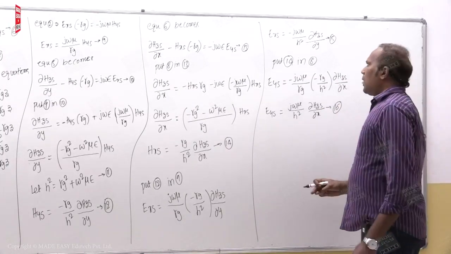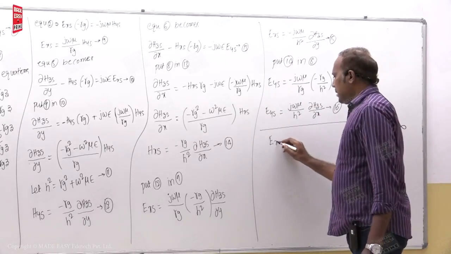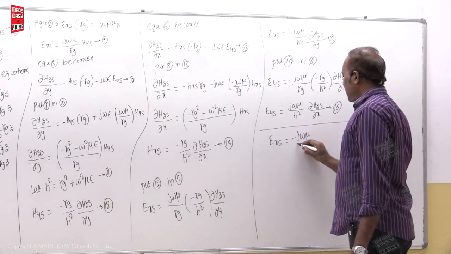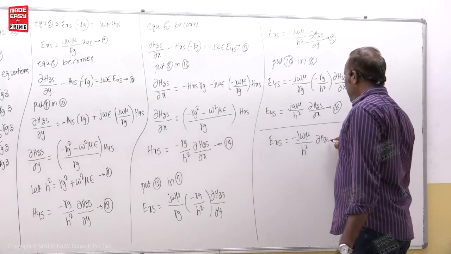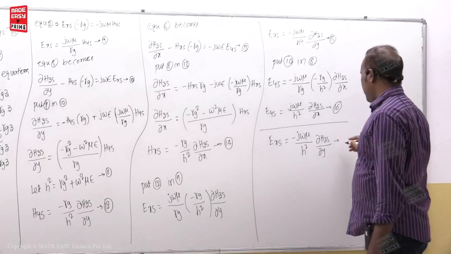Now all the terms you got now. For example, if I write EXS, EXS is equal to minus of j omega mu divided by h square dou Hz divided by dou y. So this is one equation.